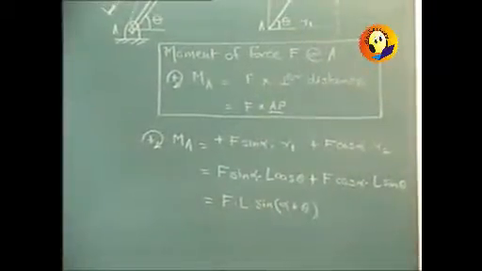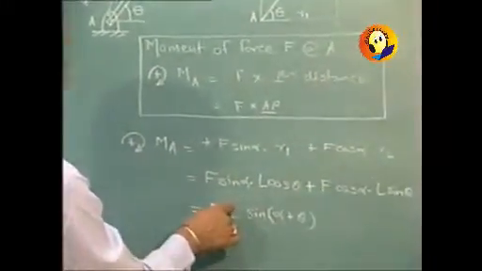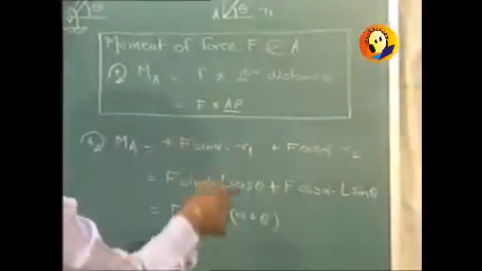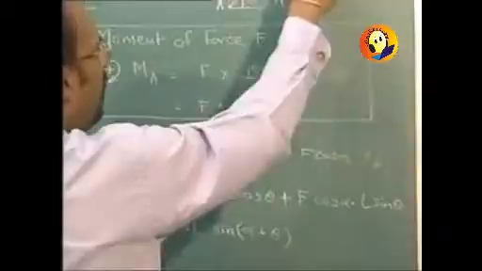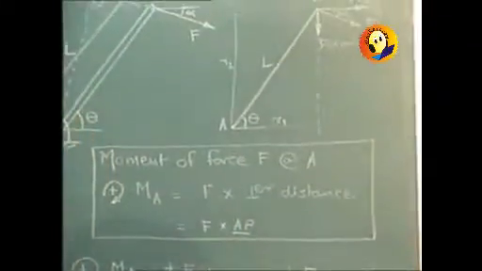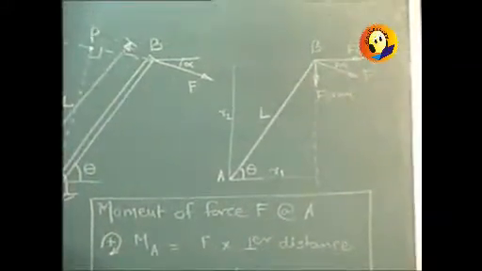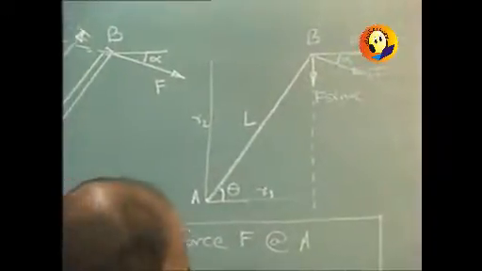We are not going to remember this as a formula, but just remember that the moment can be found out easily if we divide the force in the components. A numerical problem can always be solved.